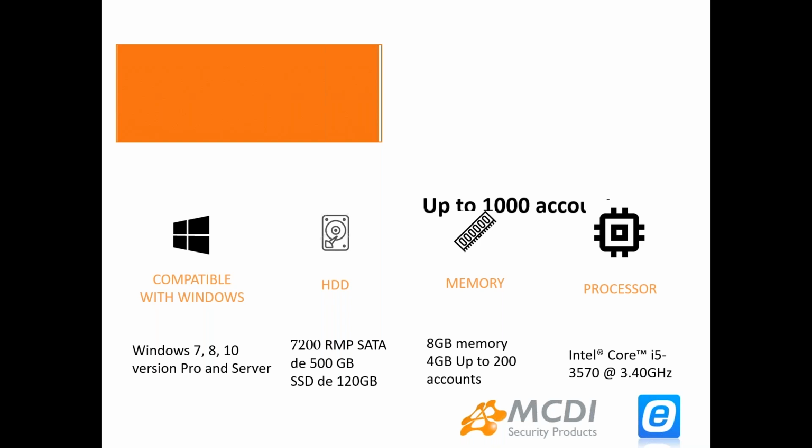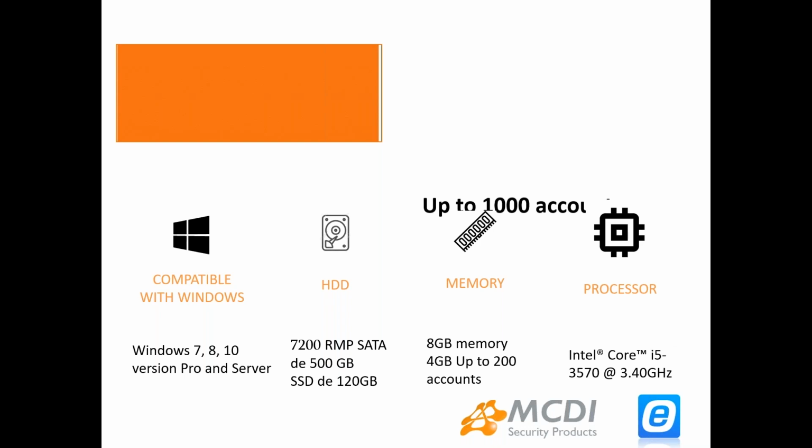So for the processor, I just wrote in here that you can use an Intel Core i5, but of course, if it's an i7, it's better. So I think that is a middle range of processor.